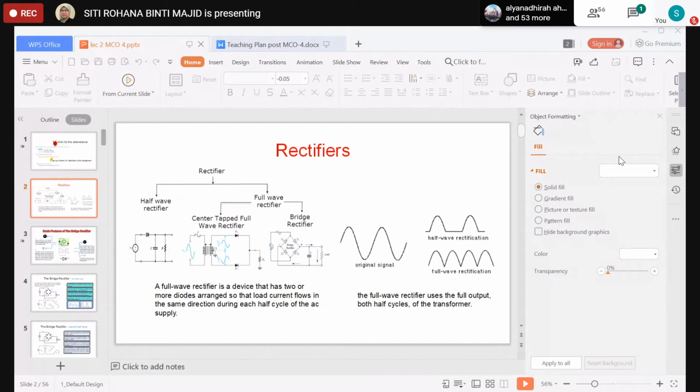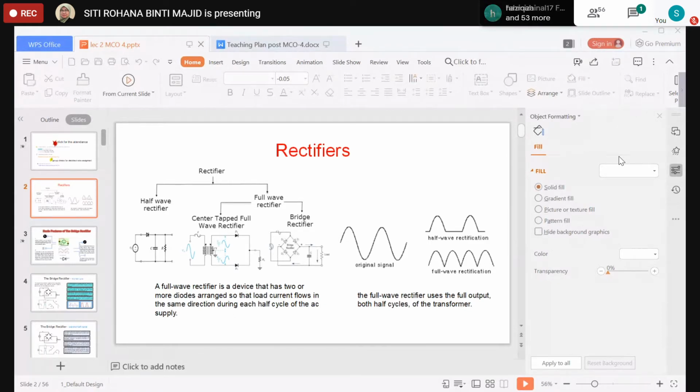In terms of input and output, the rectifier will rectify the AC power source. The original AC signal is sinusoidal in shape. For a half wave rectifier, we already discussed that one diode is on and the other diode is off, and the output shape is like this.